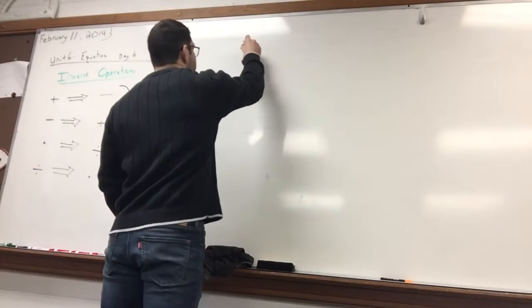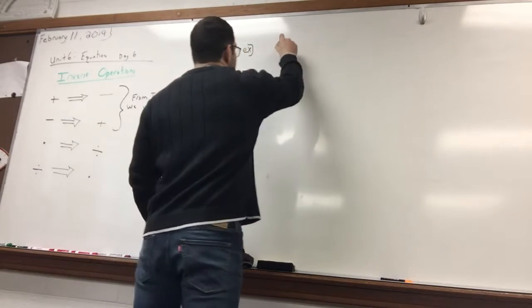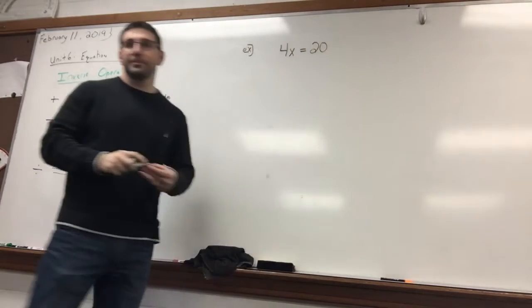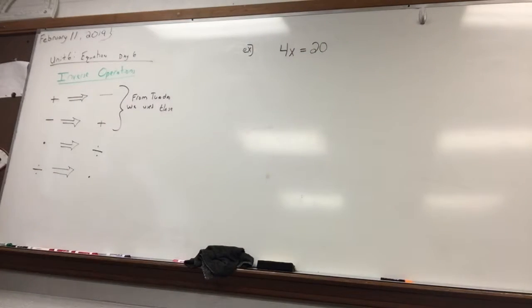So let's start off with something very, very basic. 4x equals 20. I have seen so many people miss this problem because they don't understand what operation is being said when we say 4x equals 20.